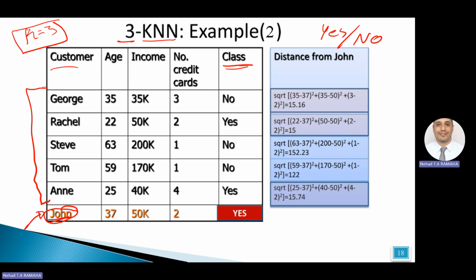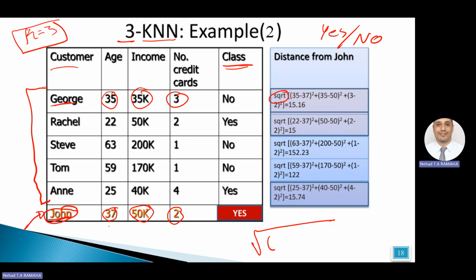So between John and George, what's the distance? Each element minus, then power 2. This one minus, then power 2. This data minus, then power 2. Then we take the square root. Yes, this is the distance.